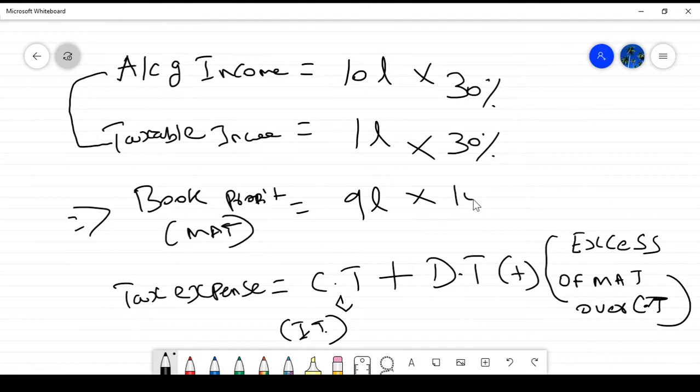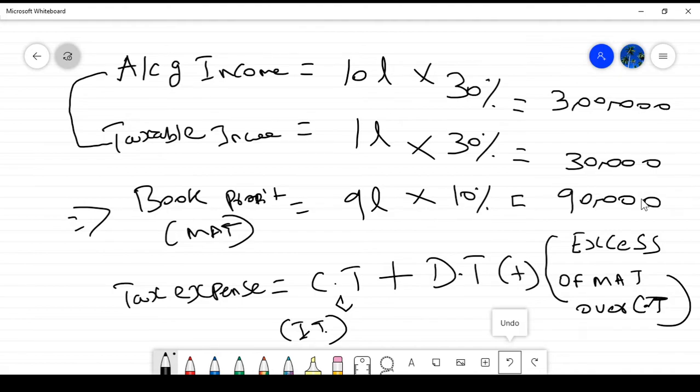So as per accounting income, what is the tax I have to pay? 3 lakh. As per taxable income, what is the tax I have to pay? 30,000. As per the book profit, what is the tax I have to pay? 90,000. Okay, so what is my tax expense here?